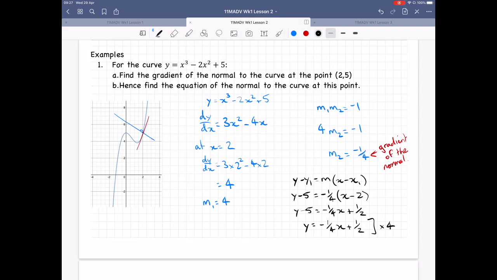So we'll have 4y equals minus x plus 2. And taking everything across to one side, we'll have x plus 4y minus 2 equals 0. And now we have found our equation for the normal.